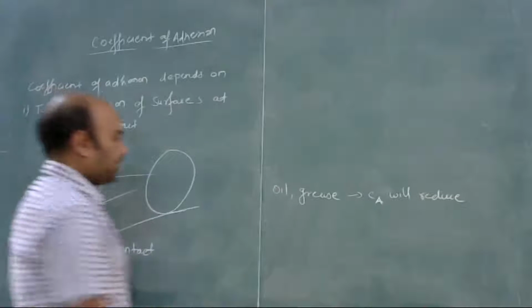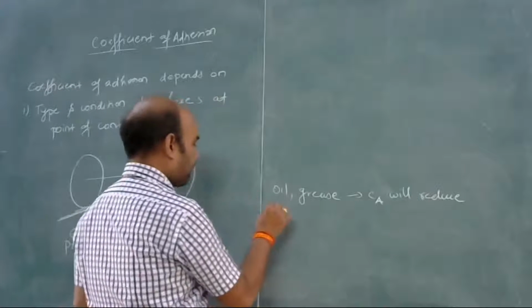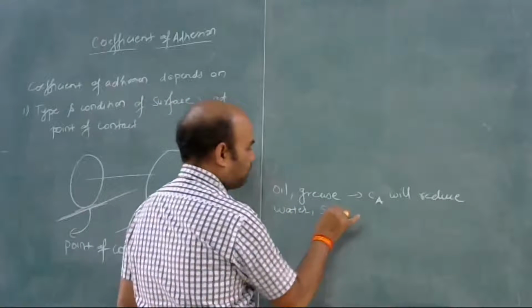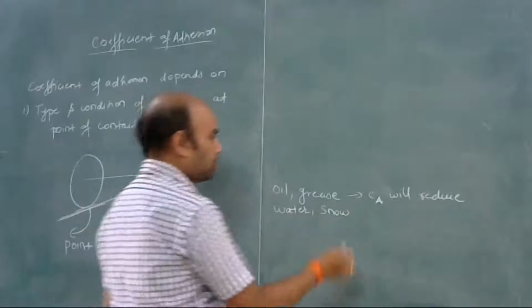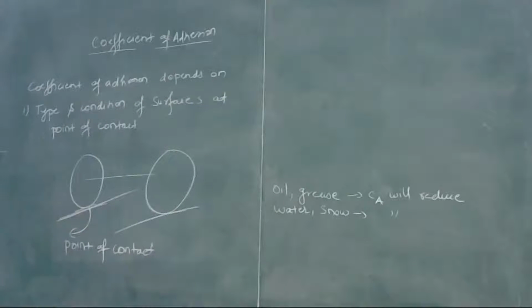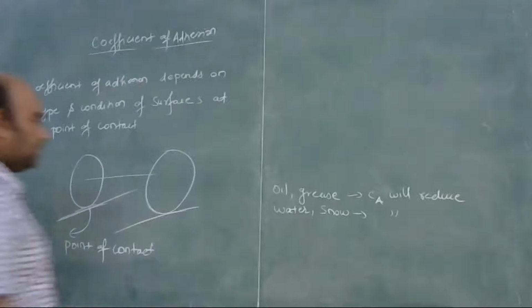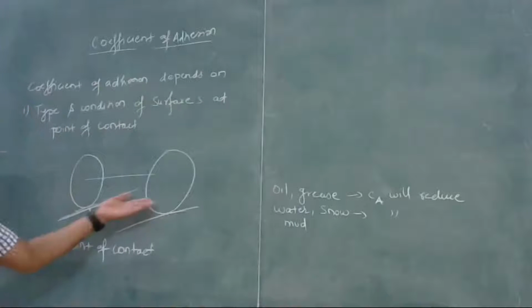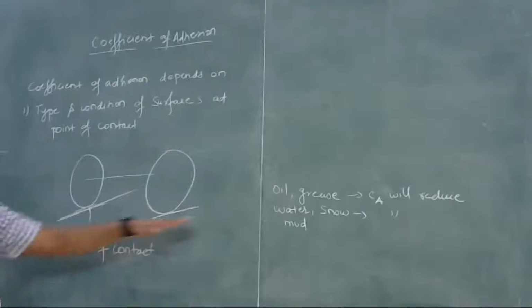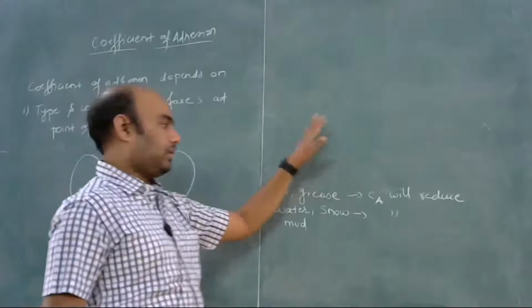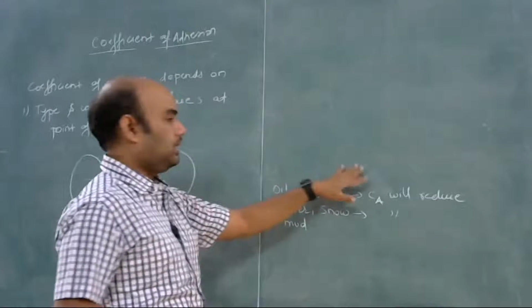Okay, and if there is water present in the rainy season or there is snowfall, this will also decrease the coefficient of adhesion, or mud is present on the surface of the track. Okay, so all these factors will gradually reduce the CA.